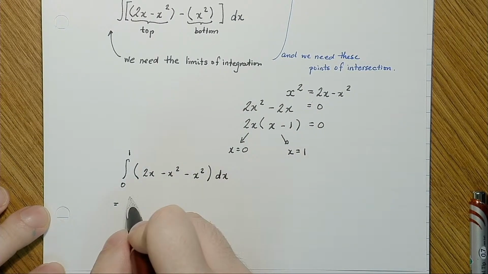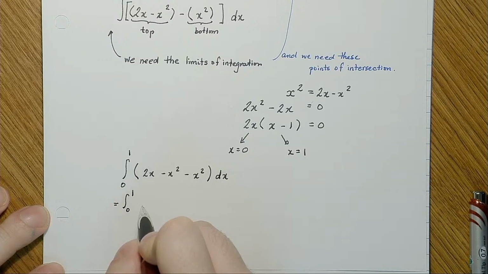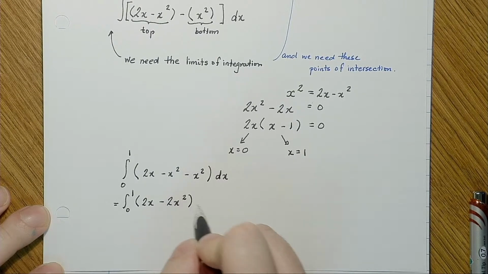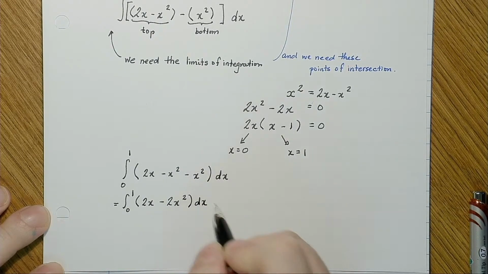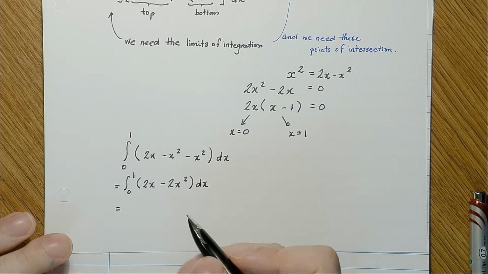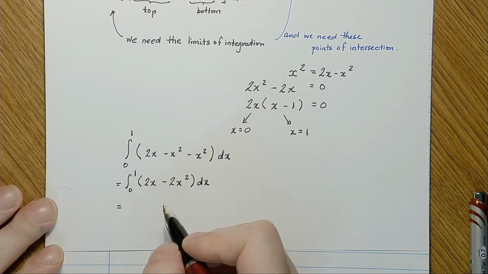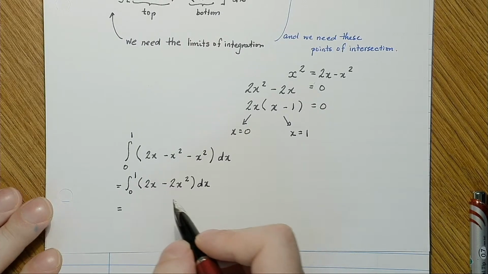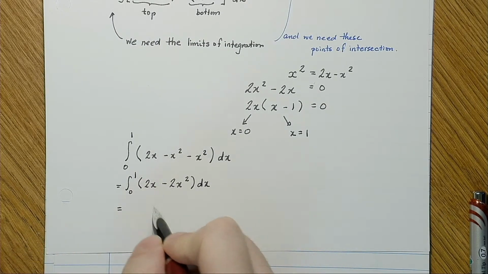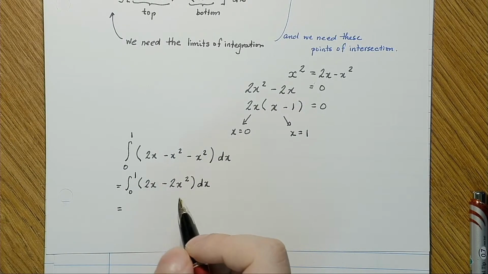I can simplify that: 2x minus 2x squared dx. And then we can integrate. So what should I have for the integration then?